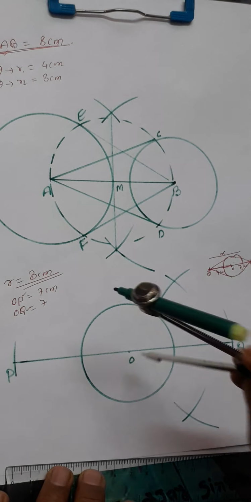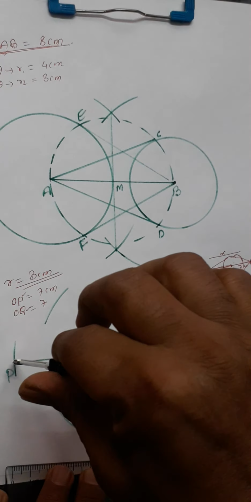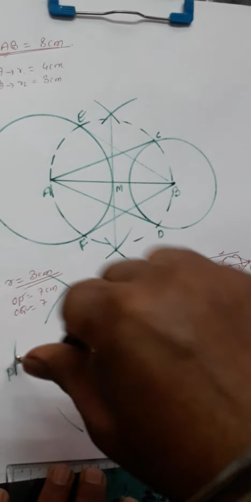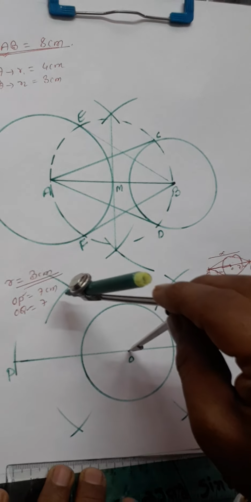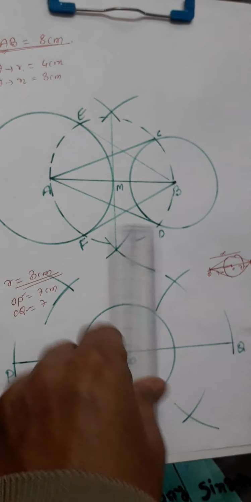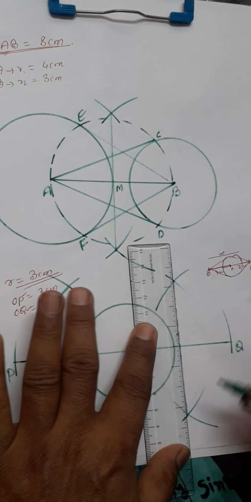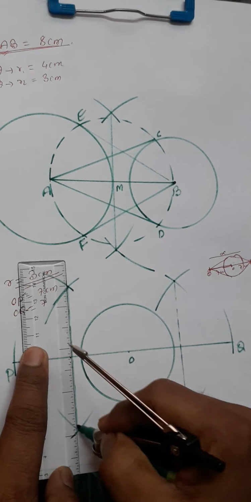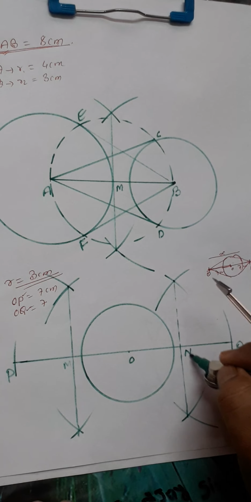We will cut arcs from this side, and 2 arcs from this point P. Now we will join these two. Again we will join these 2 points. Let them be M and N.